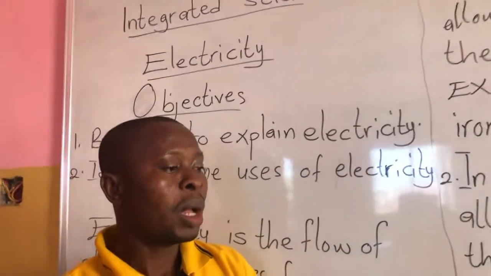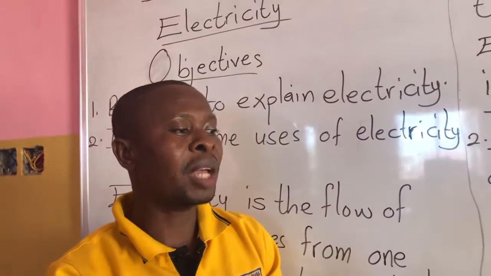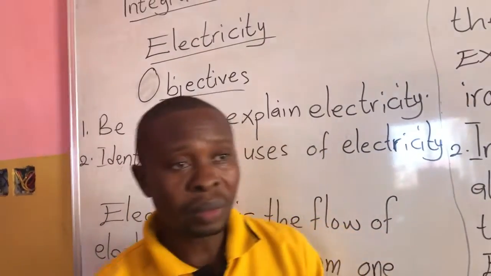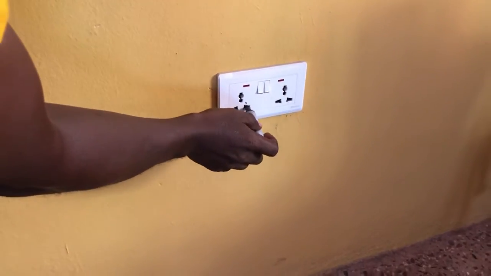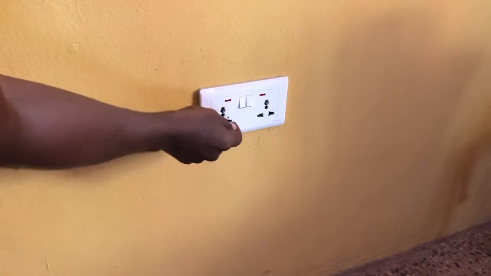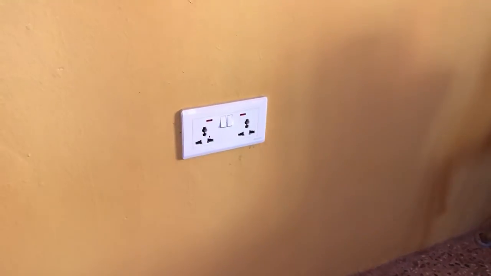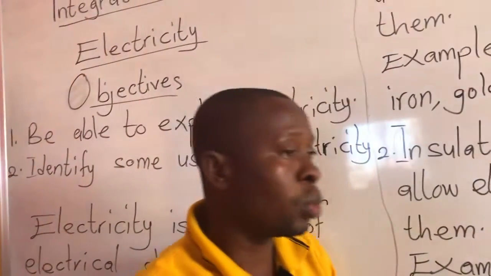For example, if you have a nail and you insert the nail into the socket, you are going to be shocked by the electricity. Why? Because it has passed through the nail.